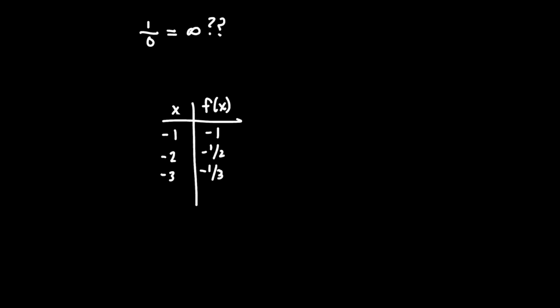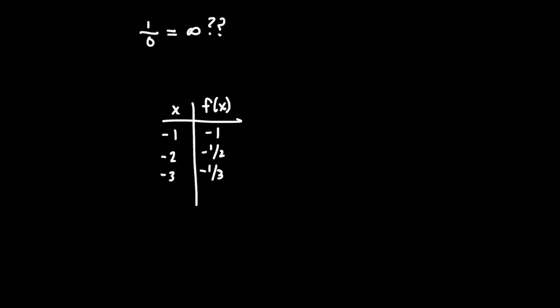However, it's still an inverse relationship since our output is decreasing. So when taking a look at this example, we'll notice that -1 is actually bigger than -2. But when looking at the output, we'll see that -1 is smaller than -1/2. So as our input increases, our output decreases.